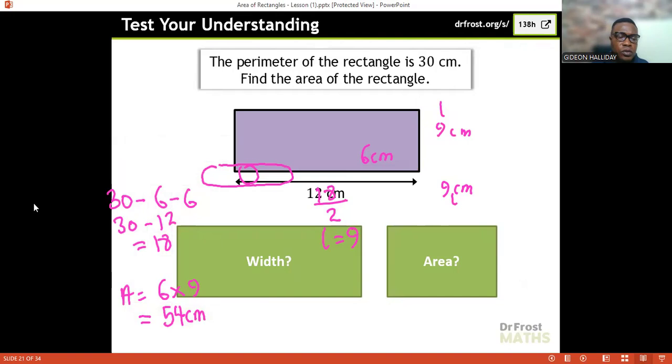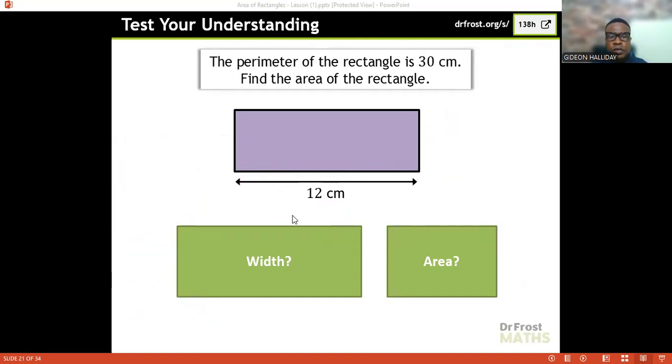All right, let's try this one. The perimeter of the rectangle is 30. Find the area of the rectangle. So remember, take away this twice, right? So 30, take away 12 and 12. That's 24. And that gives you what?